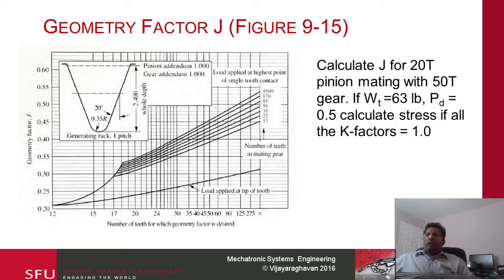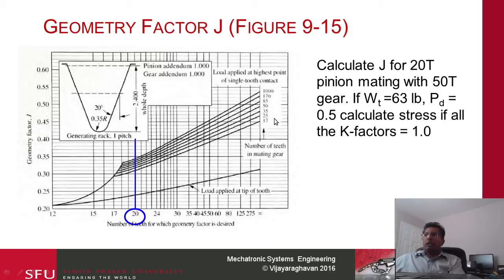So how do we do this? We look at the number of teeth. Since the pinion has 20 teeth, 20 is over here, and we draw a line going up, right? This is where everything for 20 teeth is going to lie.